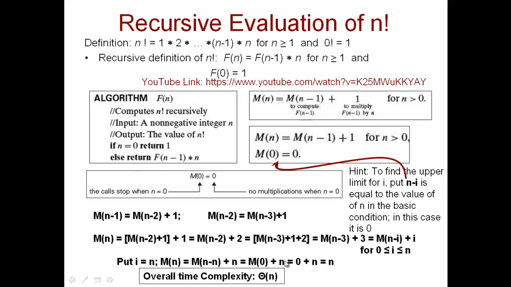So m of 0 plus n is 0 plus n, which is n. So what it means is the number of multiplications to compute n factorial is n multiplications, and n is theta of n. So this is how we could solve this recurrence for finding n factorial.